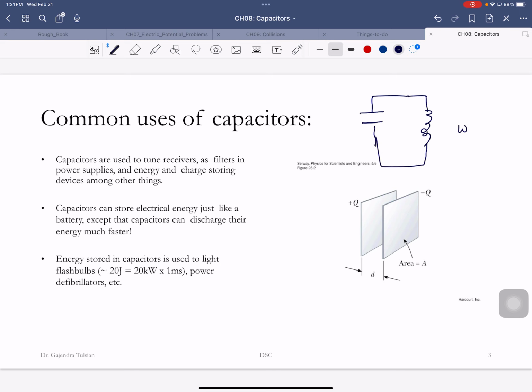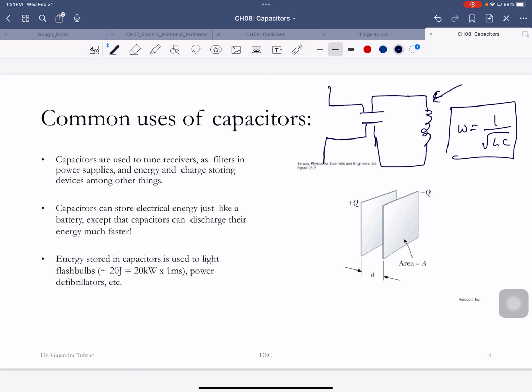And the frequency of oscillation, this angular frequency, is omega equals 1 over the square root of LC. And here is the antenna sticking out, listening for the signal, to pick up the signal. You cannot live without this these days.